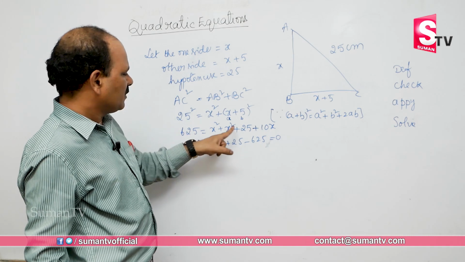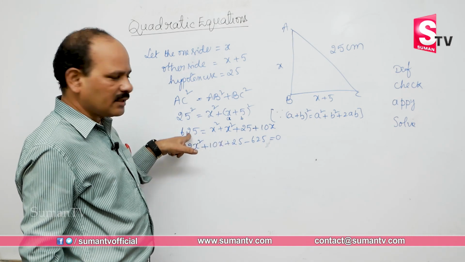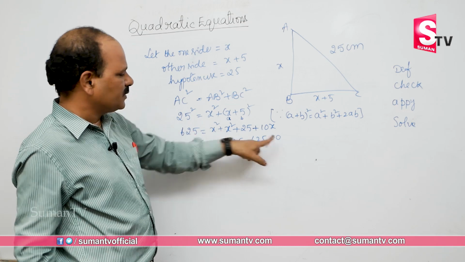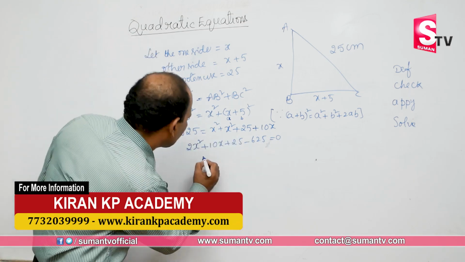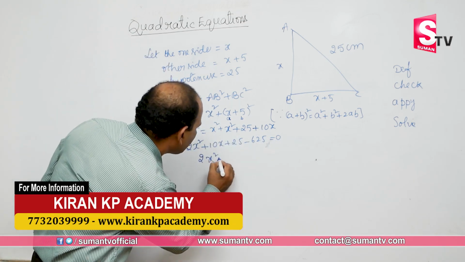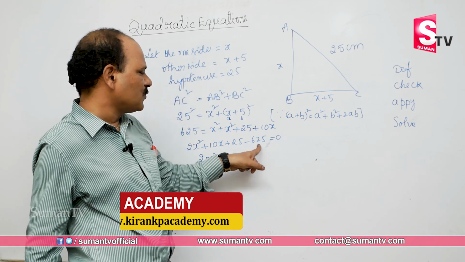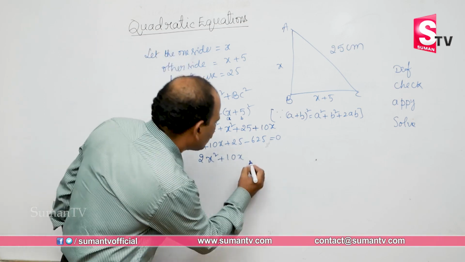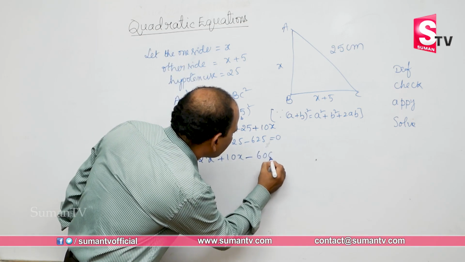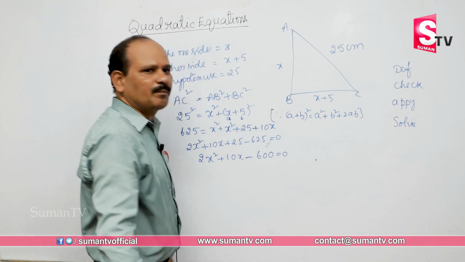After this is sent to the right side, here it will be 0. So I kept this 0 on the right side. Now 2x square plus 10x plus 25 minus 625, that is minus 600, is equal to 0.